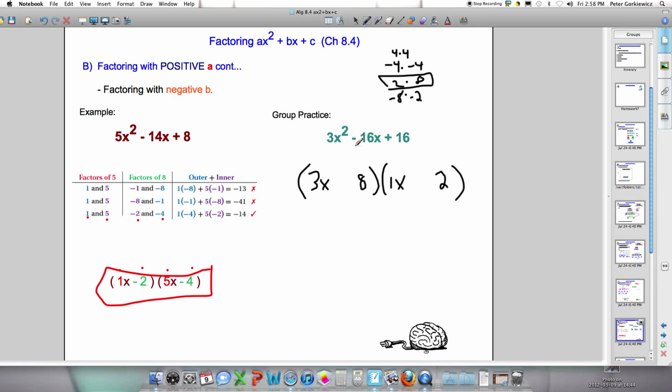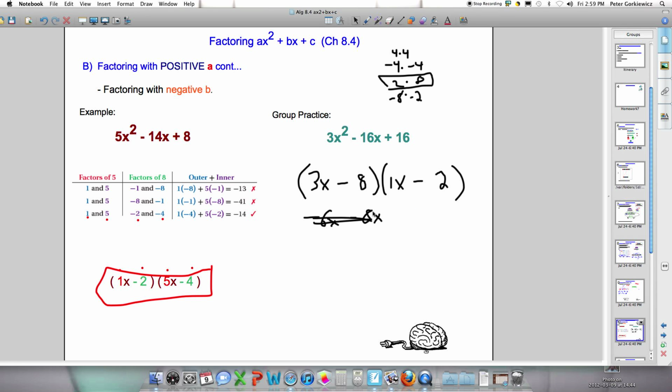These are negative, and it's fairly big, so I'm going to put 2 negatives in it and try it out. So 3x times negative 2 is negative 6x, and 8 times negative x is negative 8x. And this is negative 14x, so this isn't working.